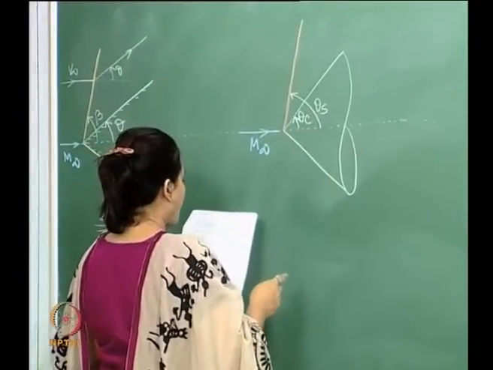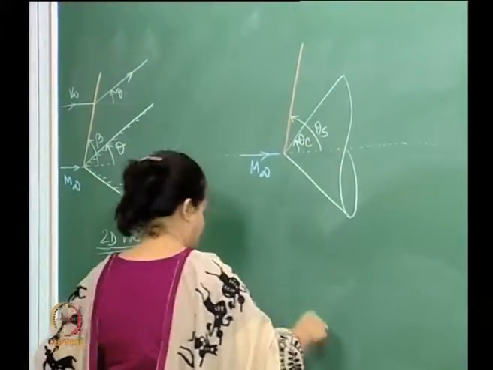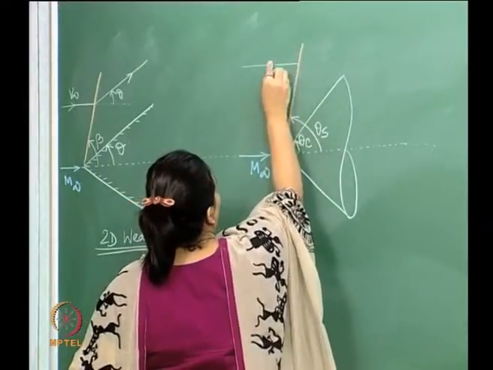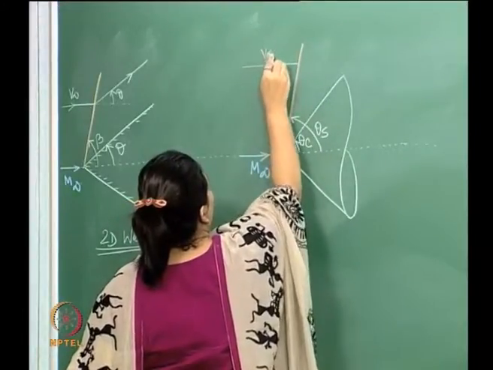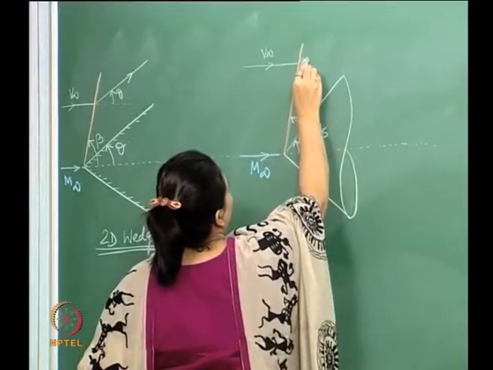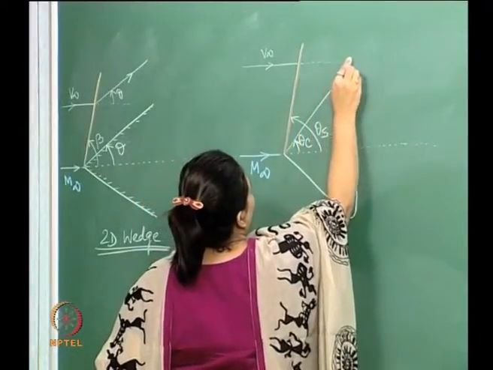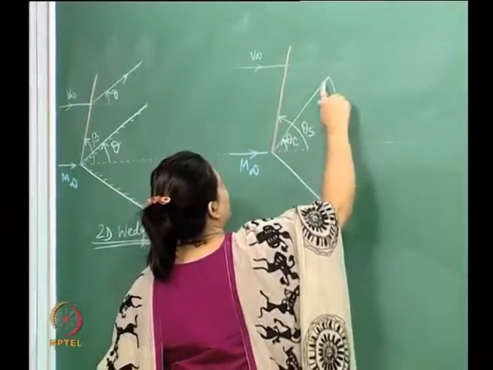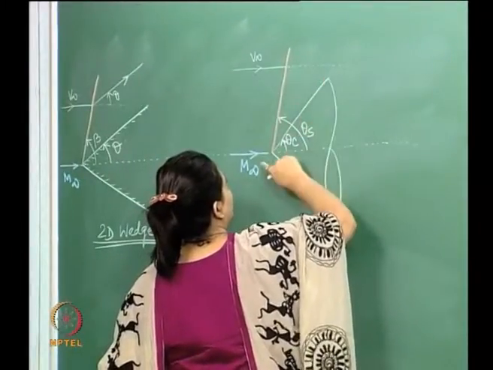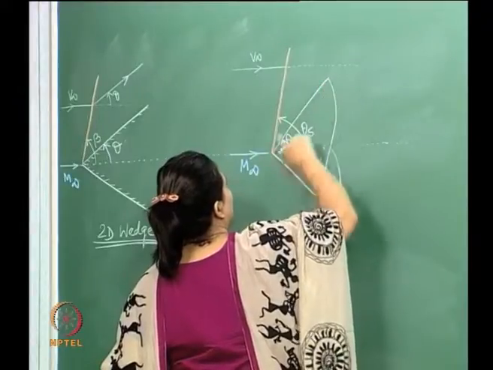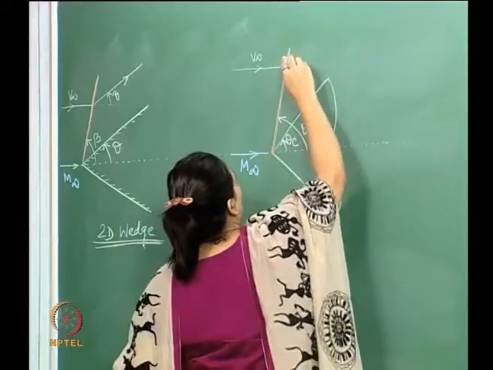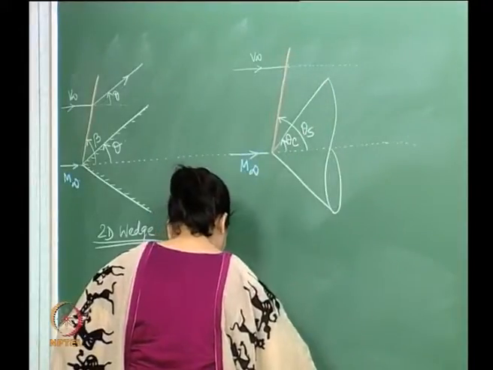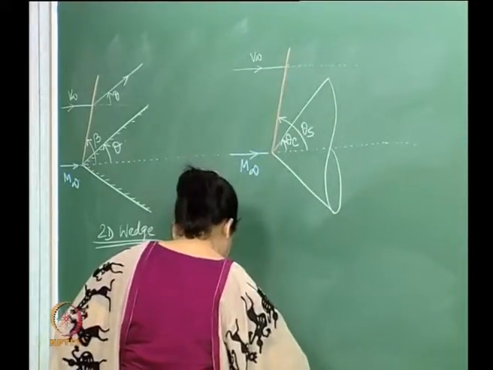So now let us do this here. Say I have the free stream come in here, and let us draw a line which is basically parallel to the surface of the cone, say this, or say this.